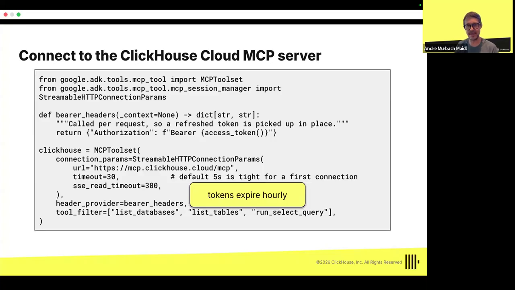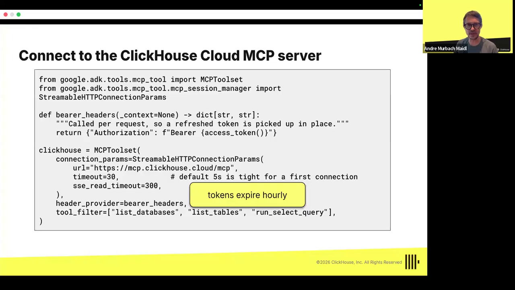So you want some mechanism to actually get a token and then refresh this token from time to time so you can keep your connection live with ClickHouse and keep talking to ClickHouse using the MCP server.